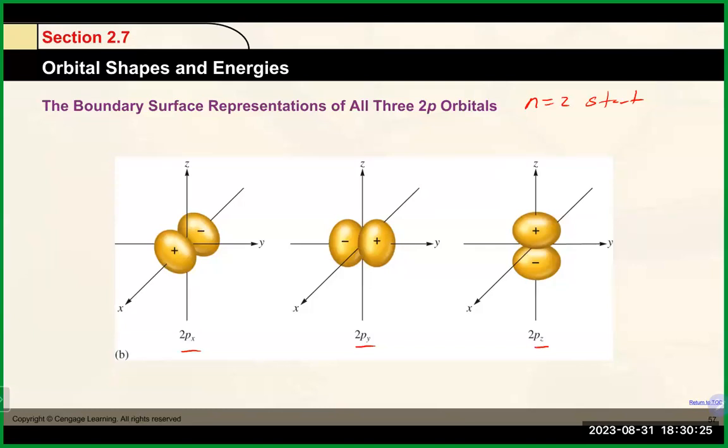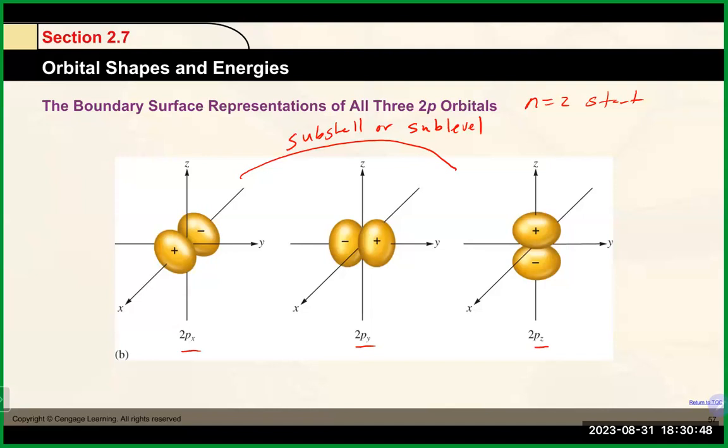When you have a group of orbitals together on the same energy level, they are sometimes referred to as a subshell or sublevel, depending on your book. So this would be referred to as the p subshell or the p sublevel.